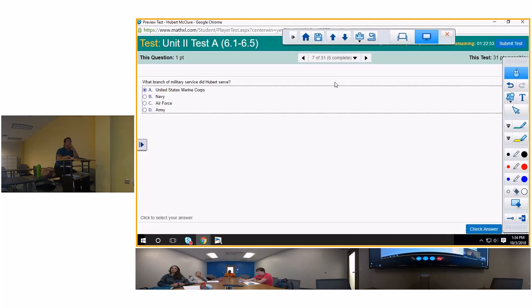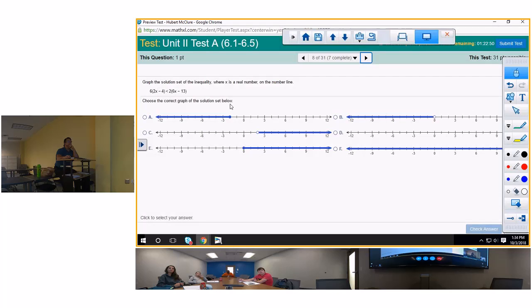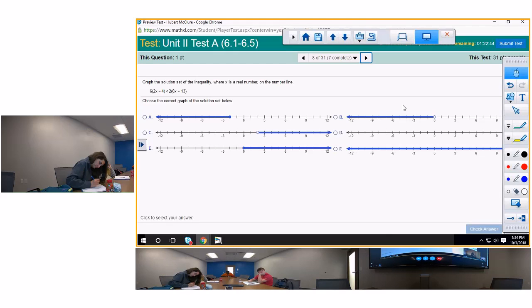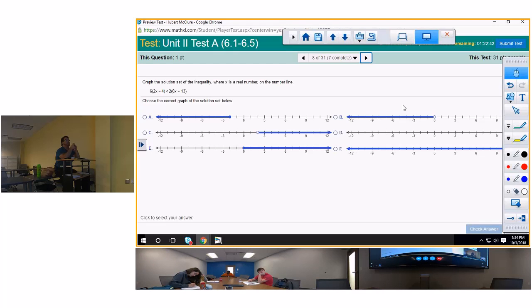That's A. All right, do that one. 6 times 2x minus 4, in parentheses, is less than 2, parentheses, 6x minus 13, close parentheses. Somebody tell me which answers are not correct.